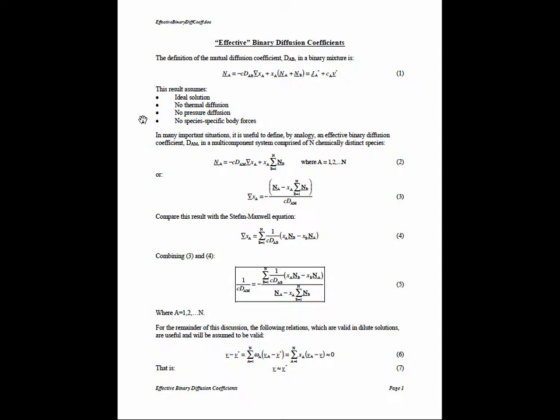The problem that we face, as we saw in the previous section notes, is that once we get out beyond binary systems, which are described with a single diffusion coefficient, as we get to more and more complex systems, the number of diffusion coefficients you need to describe the transport phenomena completely goes up enormously, and the complexity of solving those problems goes up enormously.